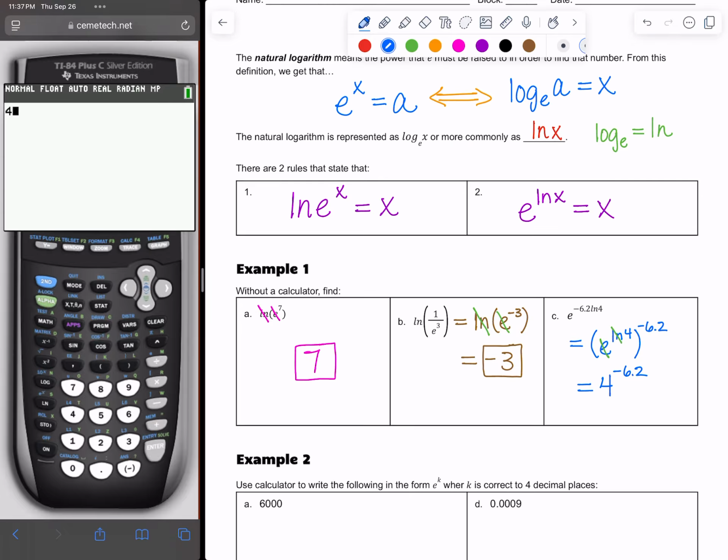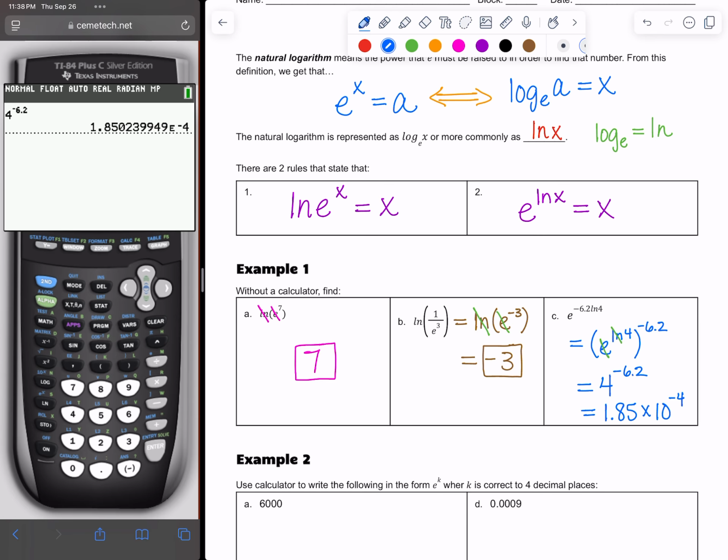And if we put 4 to the power of negative 6.2 in our calculator, we would end up getting, and I'm going to put my answer in 3 sig fig, 1.85 times 10 to the power of negative 4.